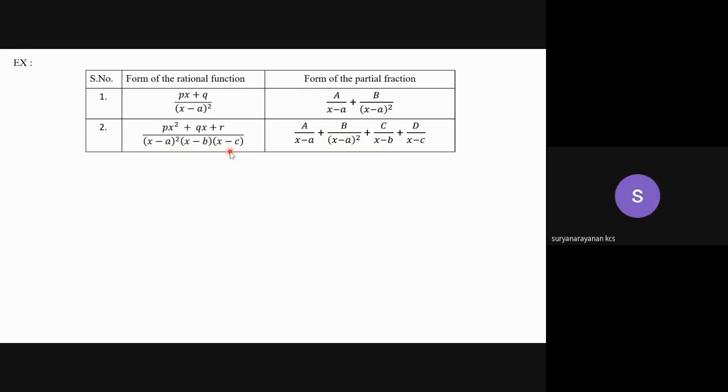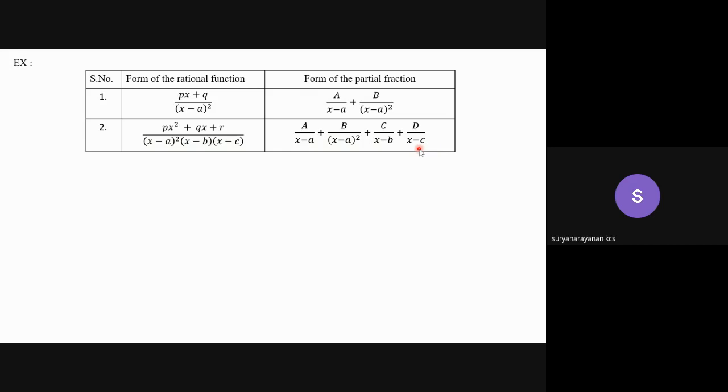Similarly, the third one, (x minus c), is also a non-repeated linear factor. So corresponding to this non-repeated linear factor, I wrote another partial fraction.